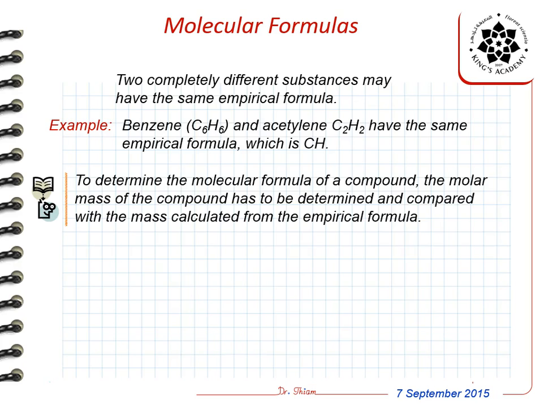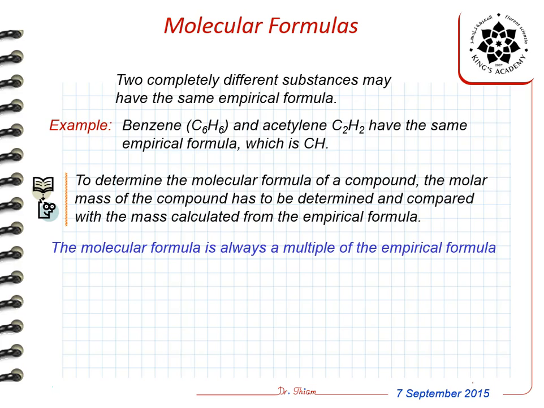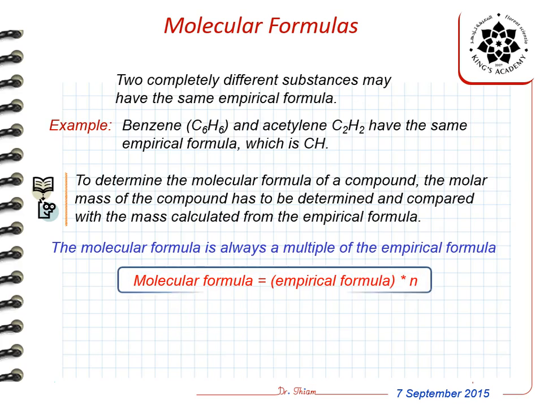So again, if you were a chemist and you find a substance, you can send it to two different labs or to the same lab. They can return to you the percent composition and the molar mass, and from those two things you could determine the molecular formula. How? The molecular formula is always an integer times the empirical formula.